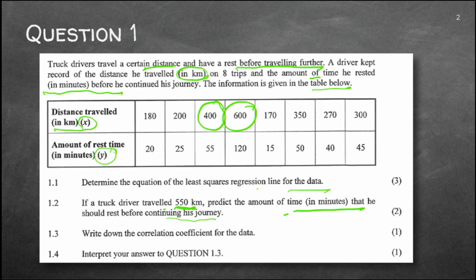So 550 does fit into the data we have. It's not outside of the boundaries. Any value lower than 170 or higher than 600, I will not be able to calculate accurately, because it's outside of the boundaries of the data we've got. But fortunately, 550 kilometers is within it.